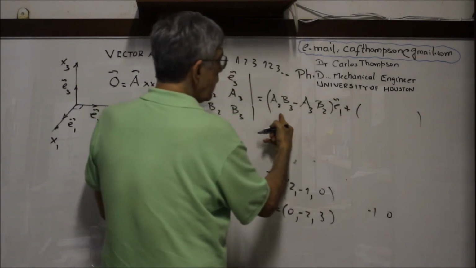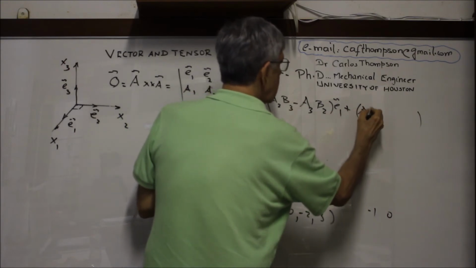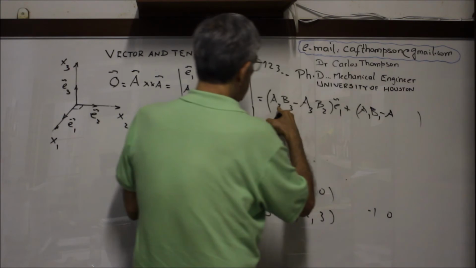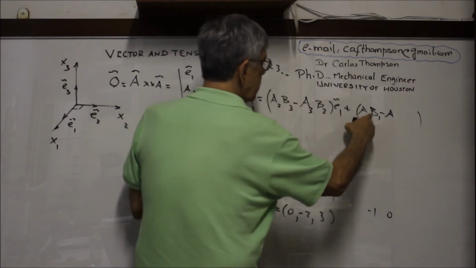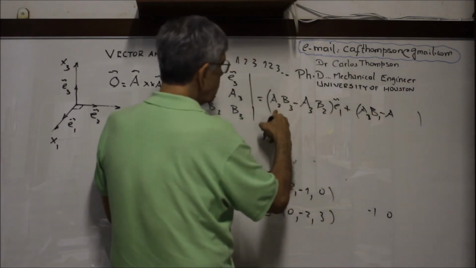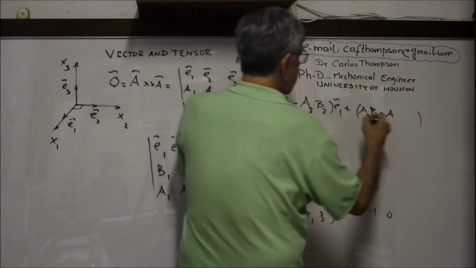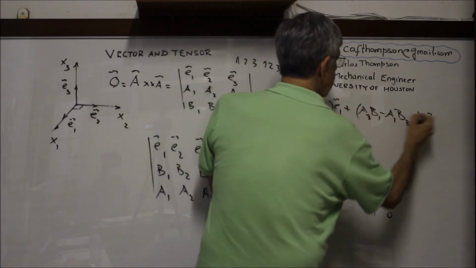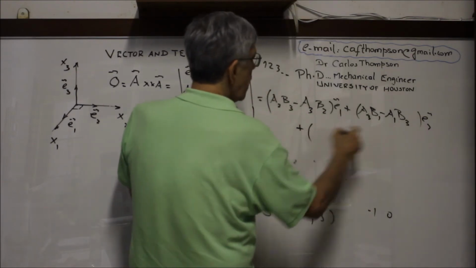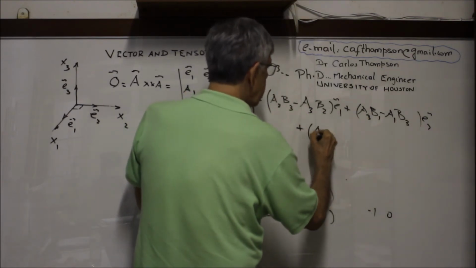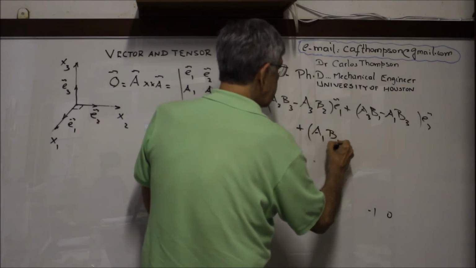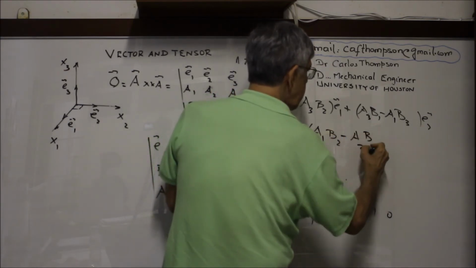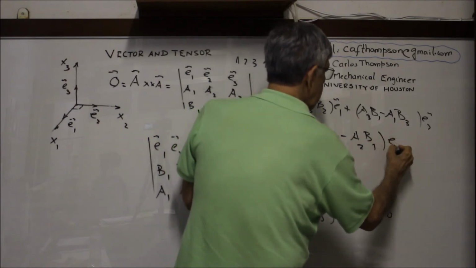Here you rotate. This will be A3, after 2 is 3, there is A3 B1 minus A1 B3, E2, plus, now from here, A1 B2 minus A2 B1, E3.